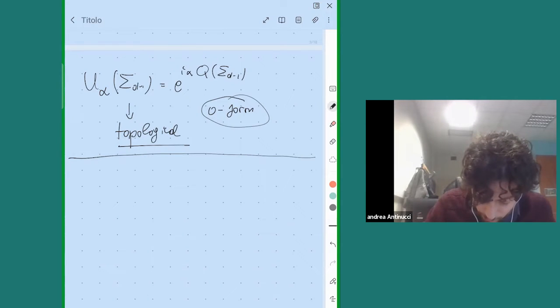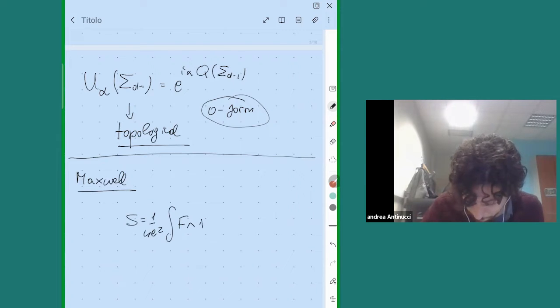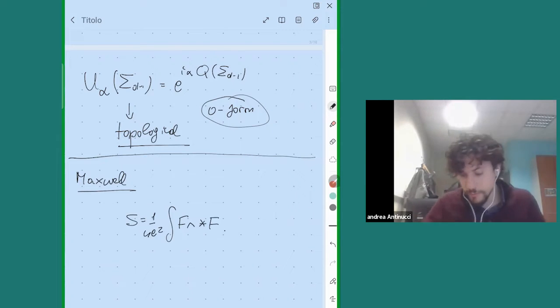Now, I want to define higher form symmetries in the same way. So let me consider an example, which is Maxwell theory, just a theory of a free photon. Very good. Now it is very important not to confuse higher form symmetries with gauge symmetries, which are not symmetries, just a redundancy of the path integral.